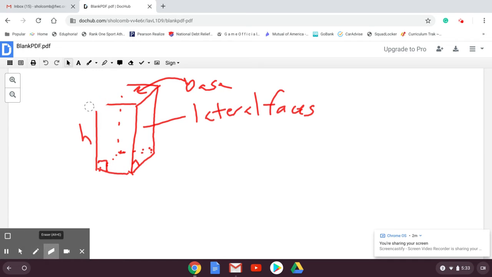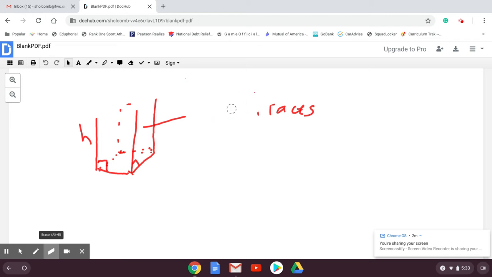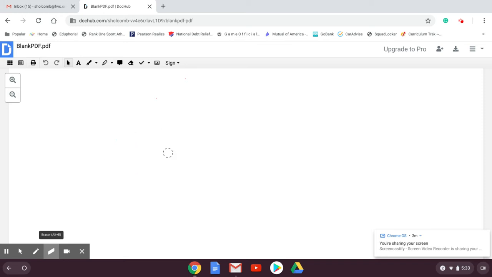One way that you can figure out the area of a prism is to get the net of the prism. Remember that a net is basically a cutout drawing of it. So if you had a net of a rectangular prism, or excuse me, is this rectangular or square? Looks like it's rectangular.